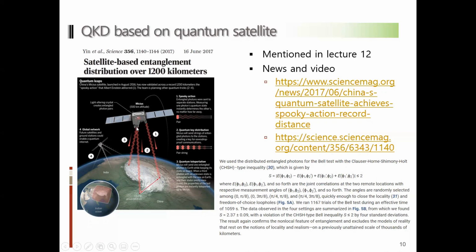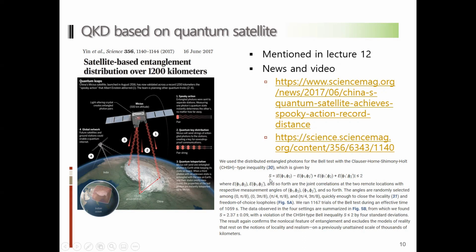I mentioned that they used what I developed in the past. With that entangled photon pair generator, they actually did the CHSH measurement. This is exactly the form of the CHSH measurement I just showed you.